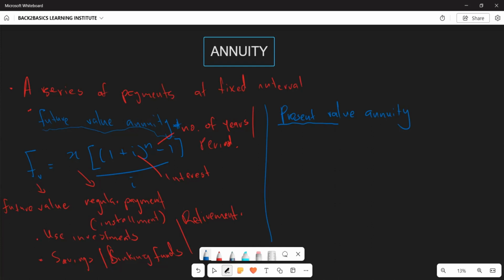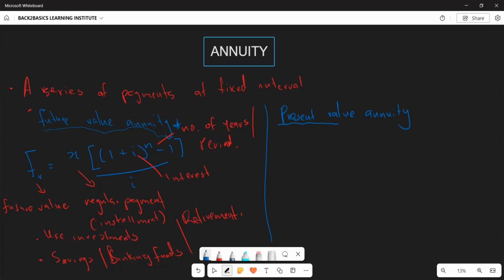So now you are looking to check what monthly installments you can make in order for you to do that. Are we together? So that is going to be the present value annuity, right?